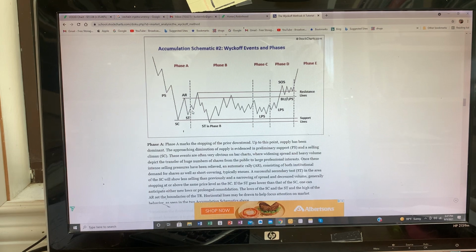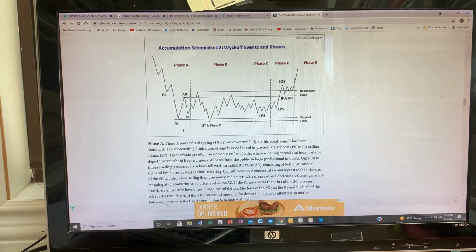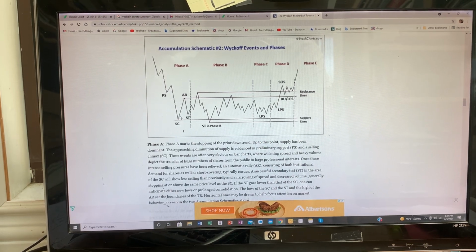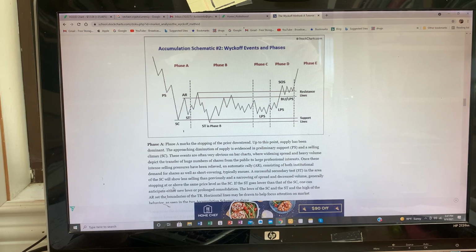So here and here. Let me read this again. A successful secondary test in the area of the SC will show less selling than previously, a narrowing of the spread and a decrease in volume, generally stopping at or above the same price as the SC.